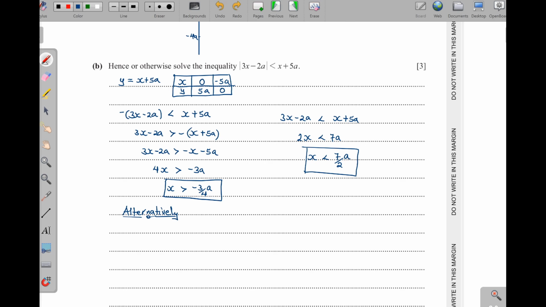You consider the positive part of the modulus and also the negative part of the modulus. Are we there? Then you solve accordingly. What we have done here right from the sketch is the same thing. You're considering the positive here, you're considering the negative here, so you're going to get the same thing.